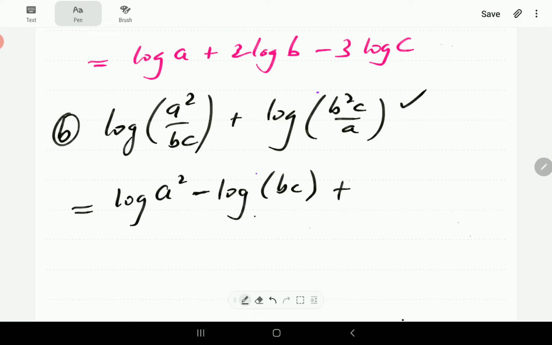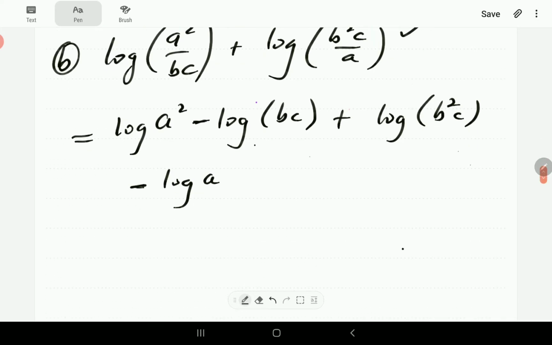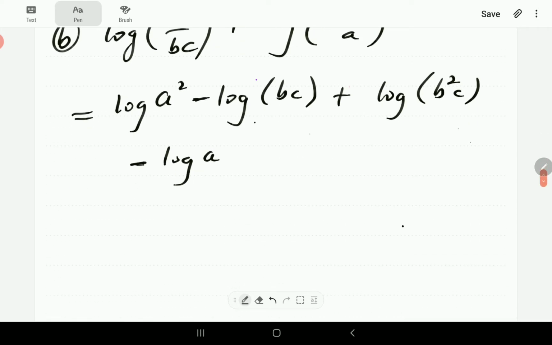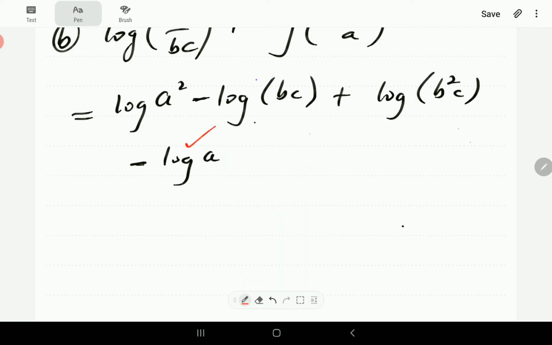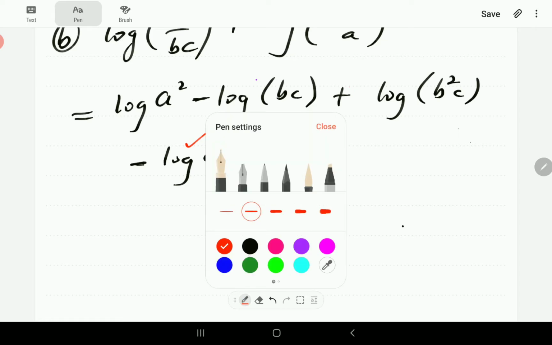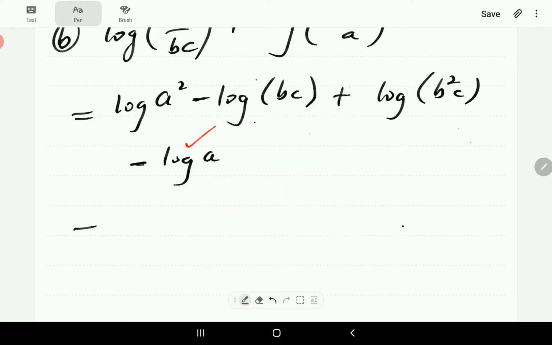Then for this term, again, it's going to be log of the numerator minus log of the denominator. This term is already okay, but the rest we still need to expand or simplify using properties.